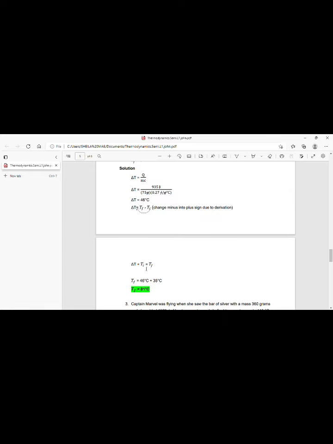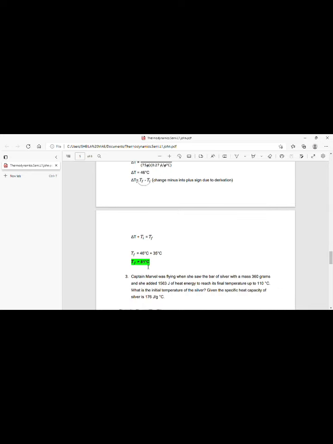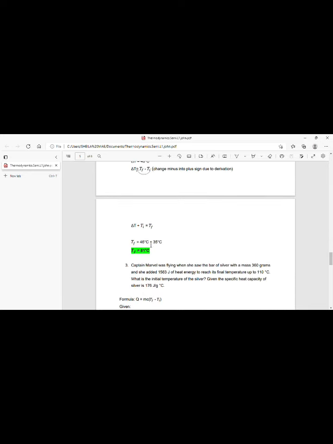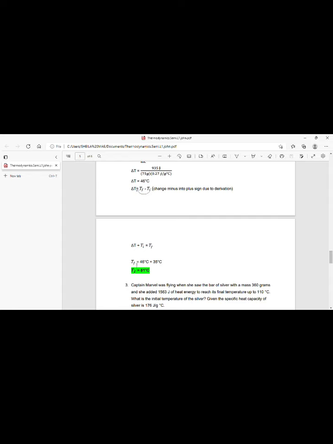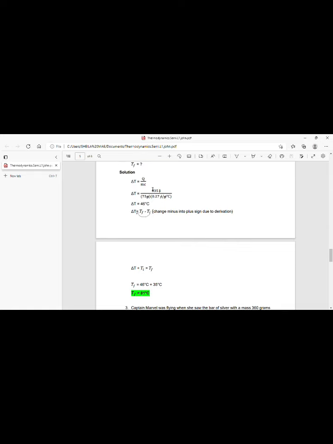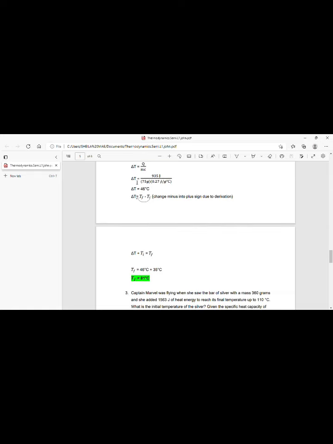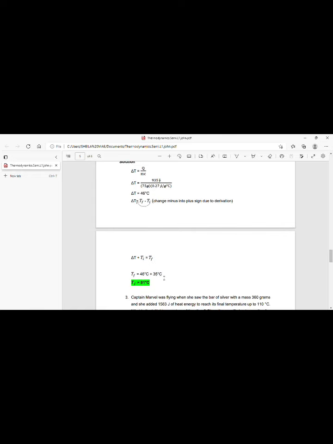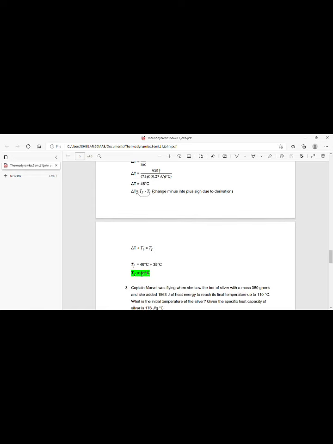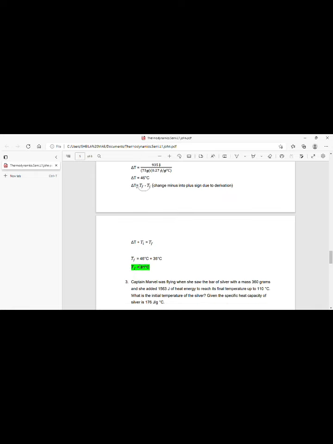Here's the derivation. Delta T plus the initial temperature equals the final temperature. The delta T is 46 degrees Celsius, plus 35 degrees Celsius equals 81 degrees Celsius, our final temperature here.